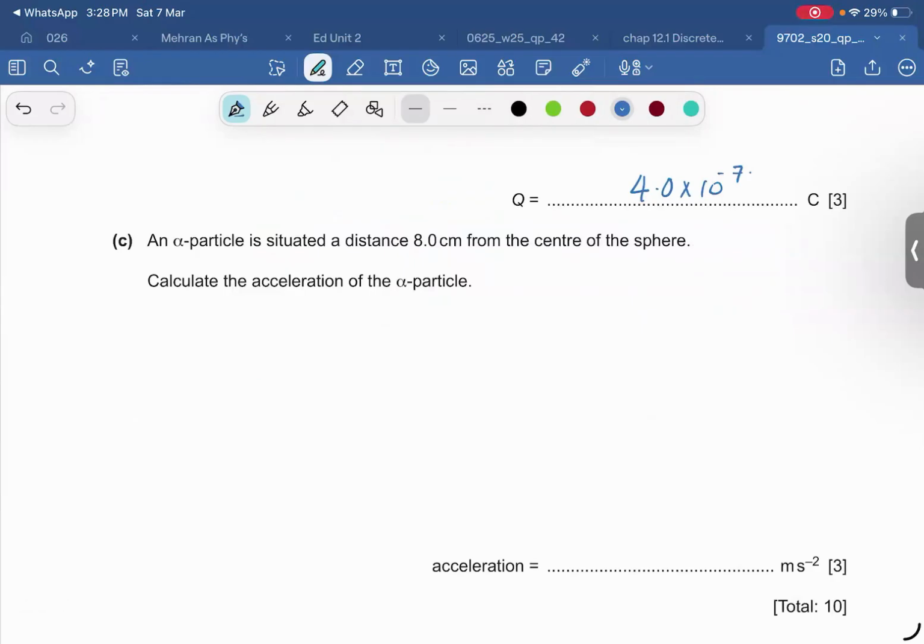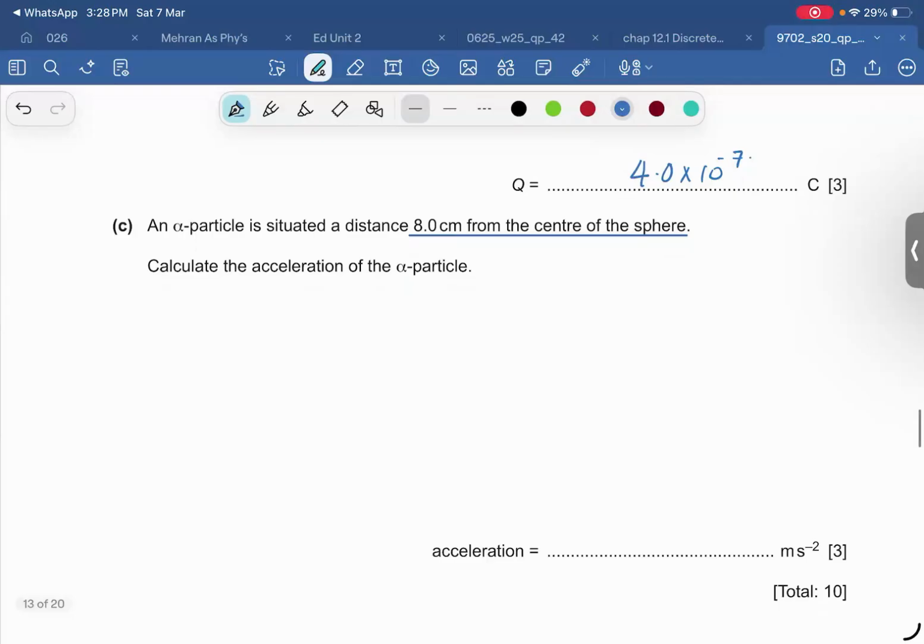Yes, with that, can you please read? An alpha particle is situated a distance 8 centimeters from the center of the sphere. Calculate the acceleration of the alpha particle. Can you guys relate any formula that you can use for the acceleration?